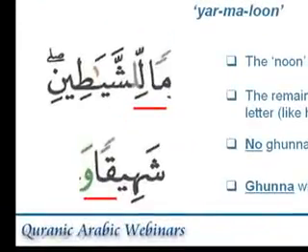The first one, here we have the word man and then lish shayateen. So we have man, which is tanween, i.e. fatatain. The next letter in the next word is lil, so it's beginning with the lam. So we have the lam, which is one of the yar maloon letters, so we do an assimilation.